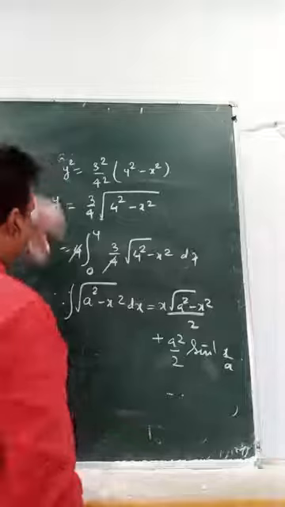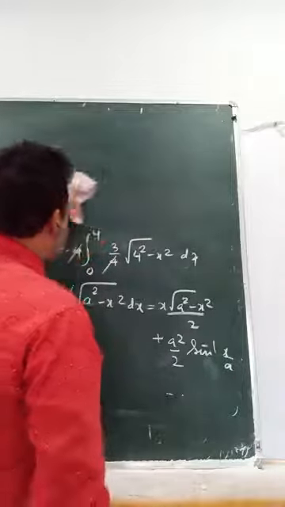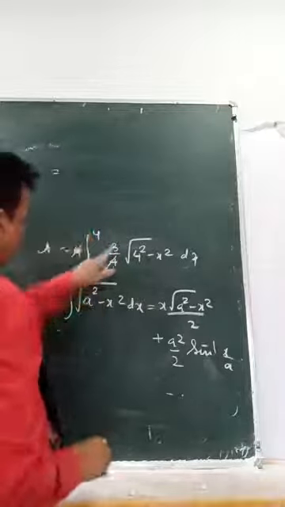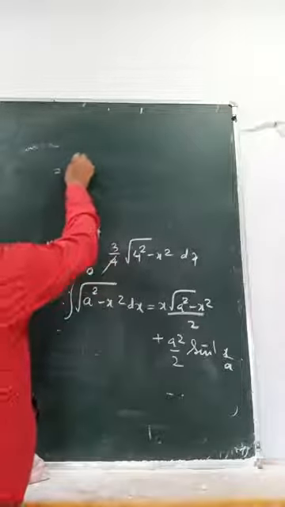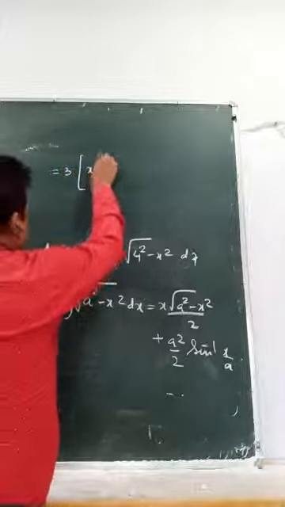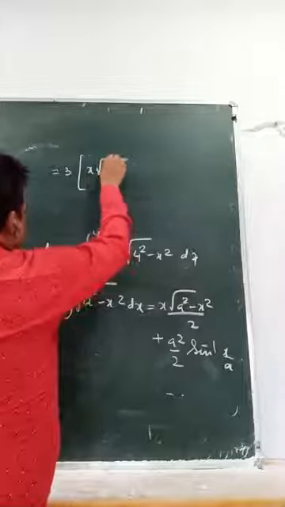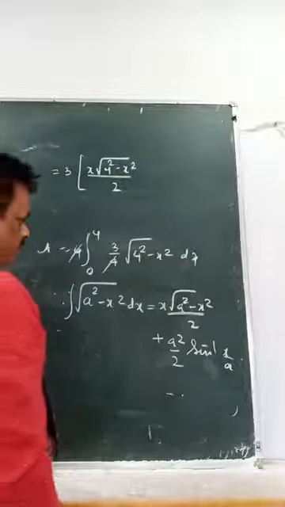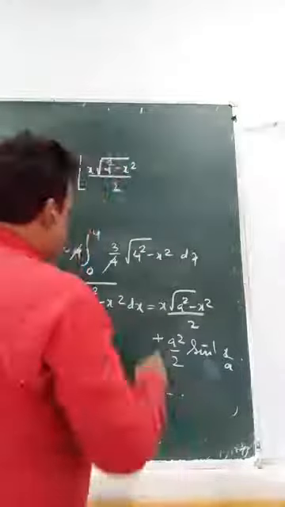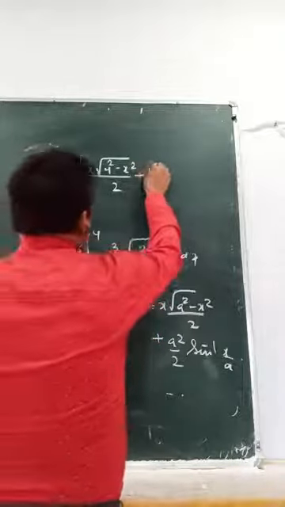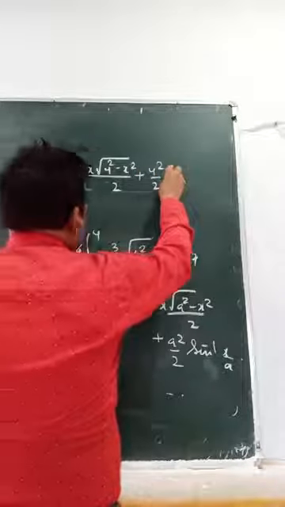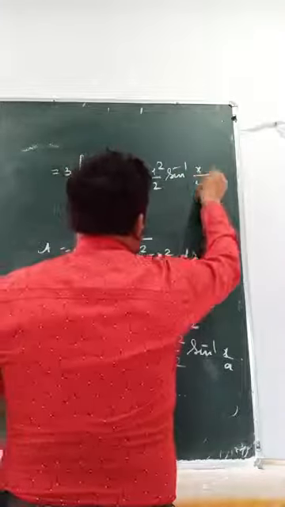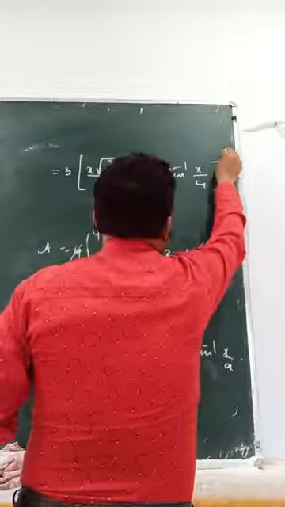So it will be 3 comes out, x into root of (4 square minus x square) by 2 plus a square by 2, 4 square by 2, sin inverse x by 4, from 0 to 4.